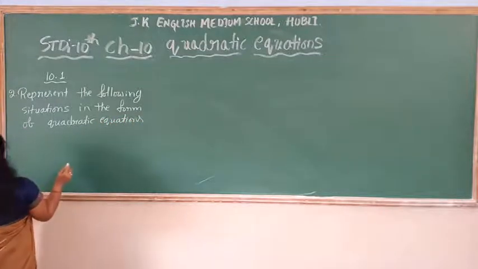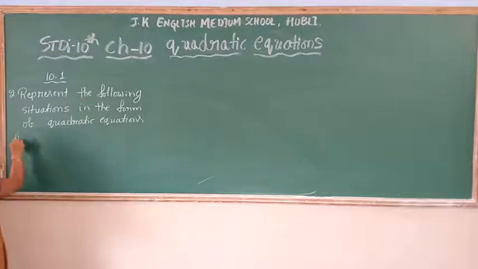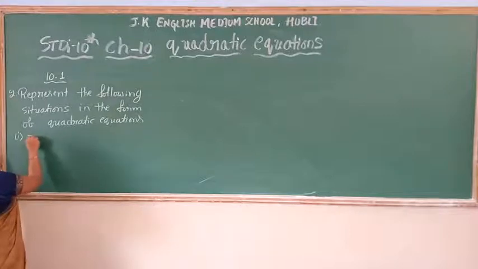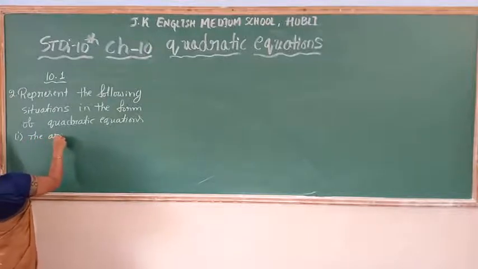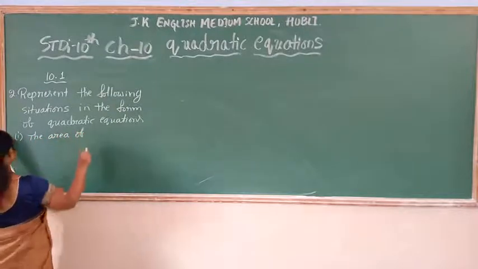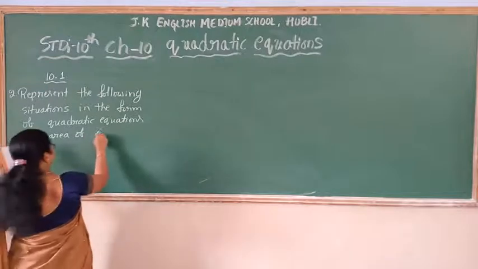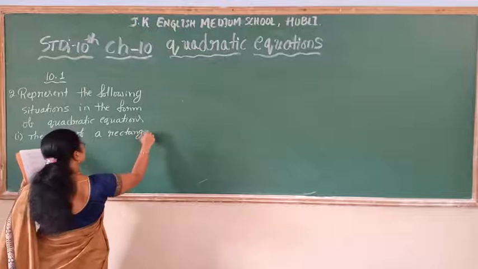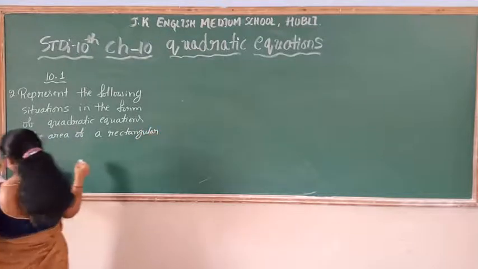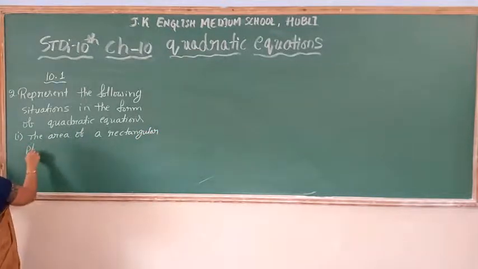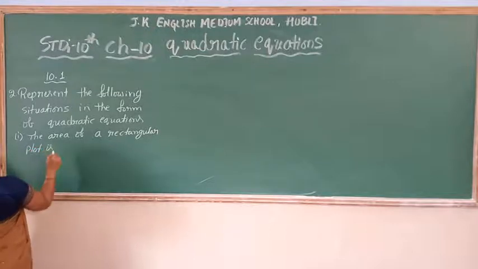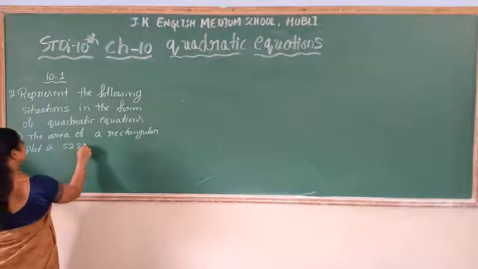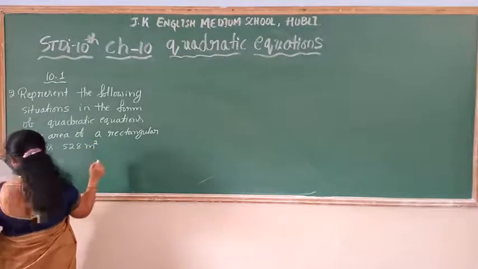The first question: the area of a rectangular plot is 528 meters square.